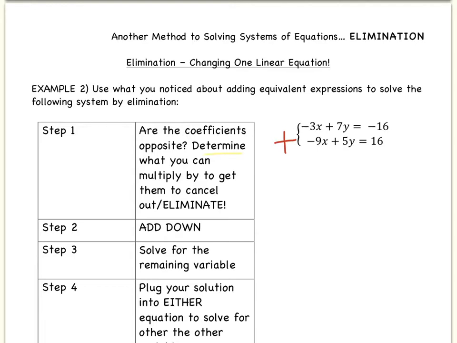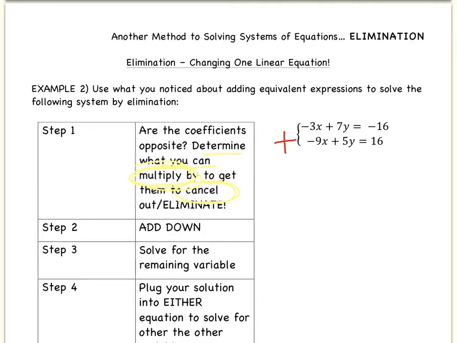is determine what I can multiply one of the equations by to get them to cancel. This is where it's going to take a little bit of practice. If I look at negative 3x and negative 9x, I can multiply negative 3 times a number to get it to cancel with negative 9.